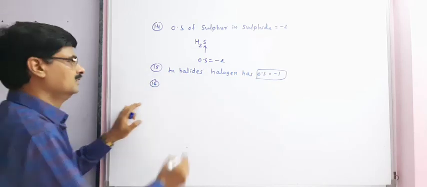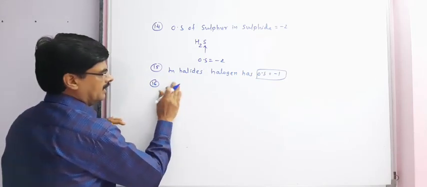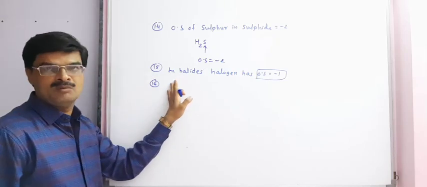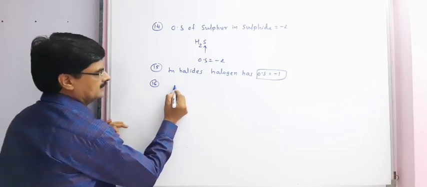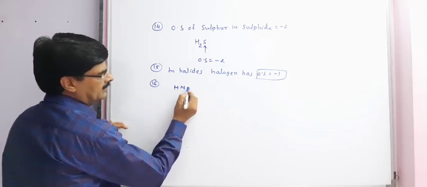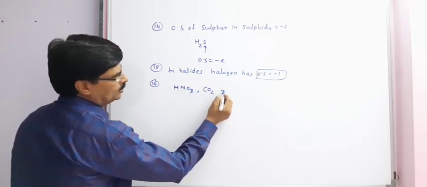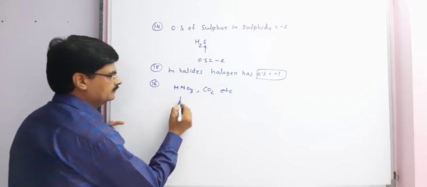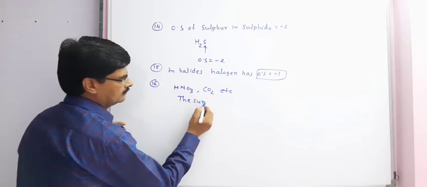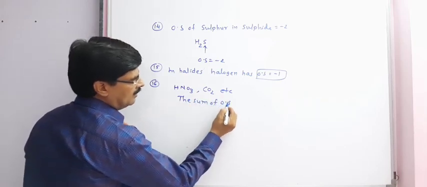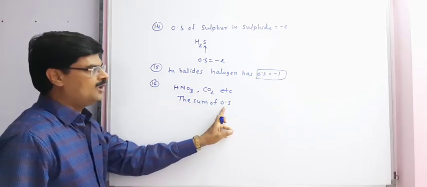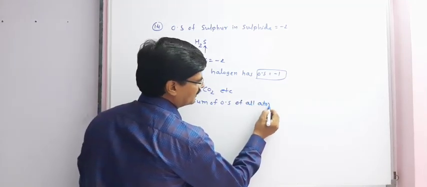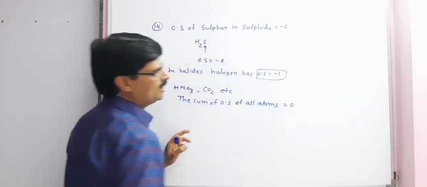Next rule. In a neutral molecule like HNO3 or CO2, the algebraic sum of the oxidation states of all atoms is equal to 0.